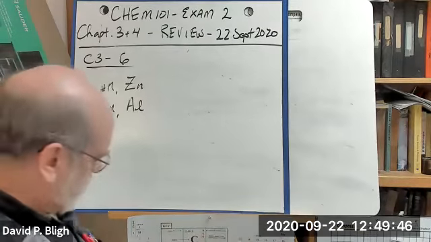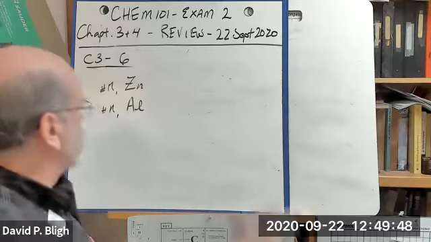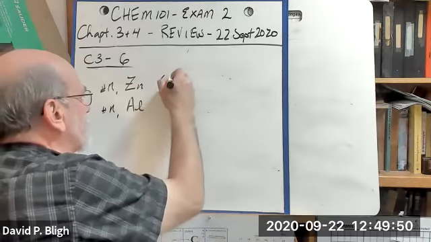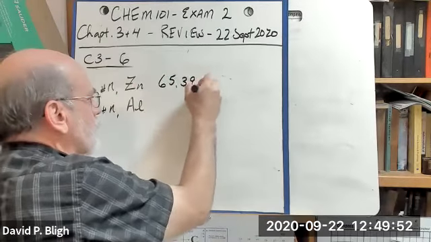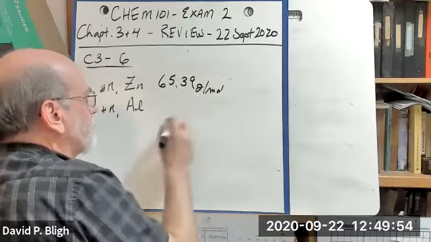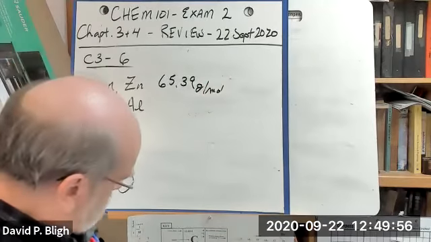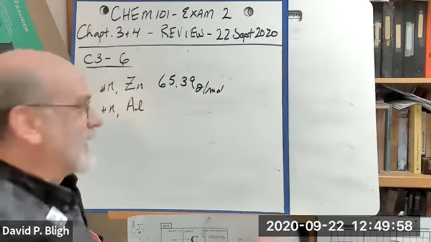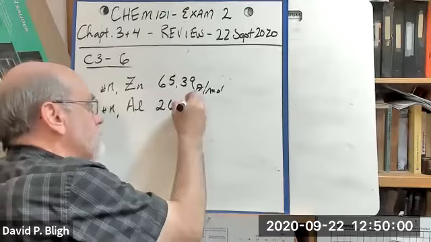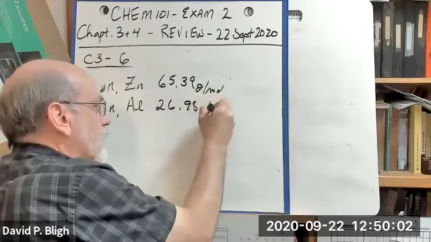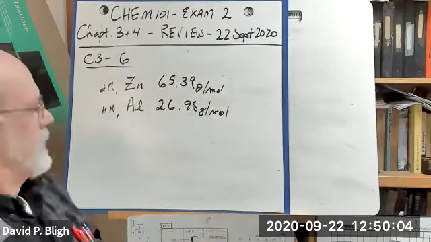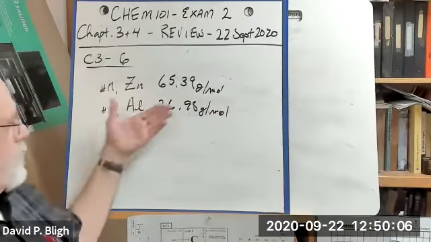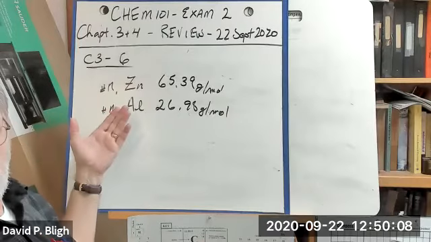So we did, let's see, zinc is 65.39 grams per mole. And aluminum is 26.98 grams per mole. Now, how do you know the grams, the mass here?